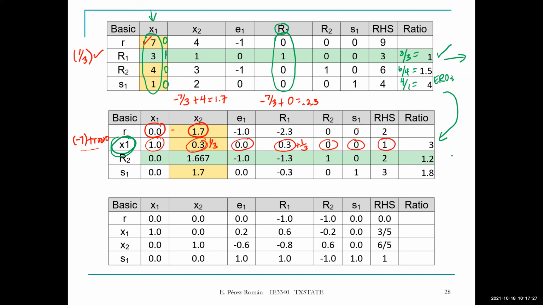This is 0, this is 0, this is -7 times 1 is -7 plus 9 is +2. And that will be the row 0 computation. Are you able to follow right there?